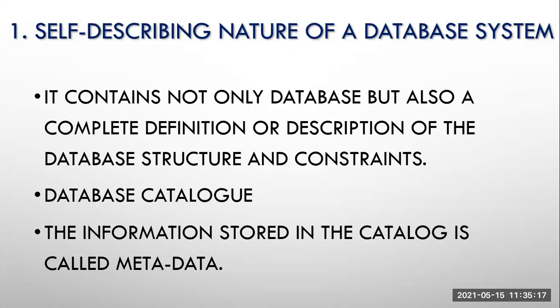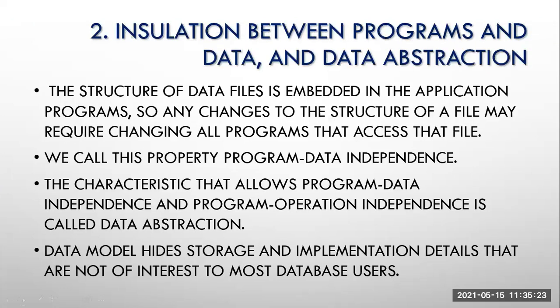Let us not waste more time. Okay. The second characteristic is a little bit difficult, but you will cope. Insulation between programs and data, and data abstraction. Two parts are there. First, insulation between programs and data.